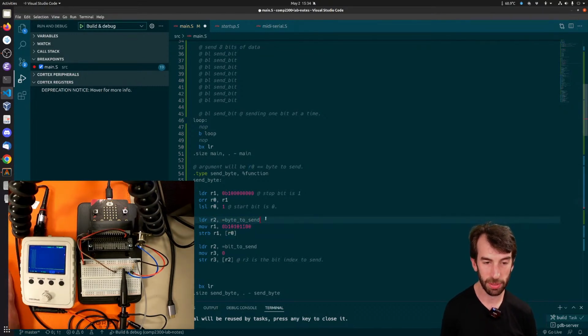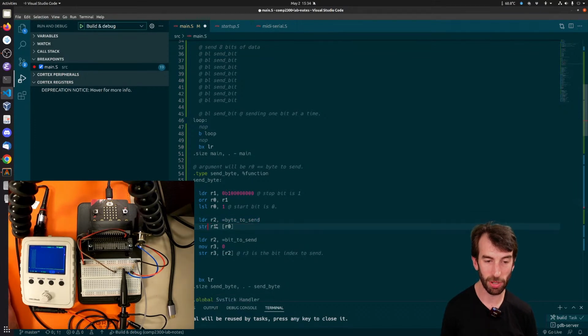We're not going to store a byte, we're going to store the whole 10 bits. So we'll store R0 in R2, stored my byte to send there, and then I'm going to set my bit to send to be 0, so that we're ready to go.